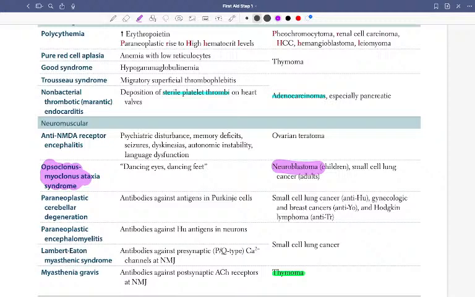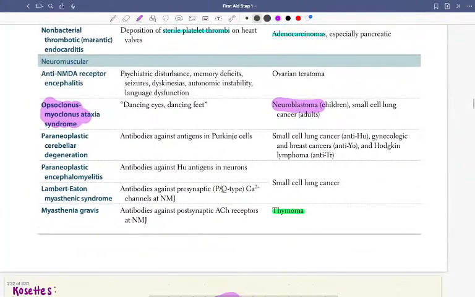Trousseau's sign is superficial thrombophlebitis. Trousseau syndrome is superficial thrombophlebitis. Nonbacterial thrombotic marantic endocarditis, sterile, is in adenocarcinoma of pancreas. Anti-NMDA receptor encephalitis, ovarian teratoma, and memory deficit syndrome.